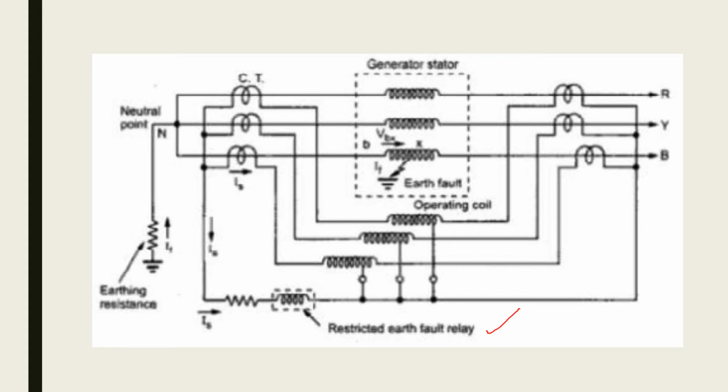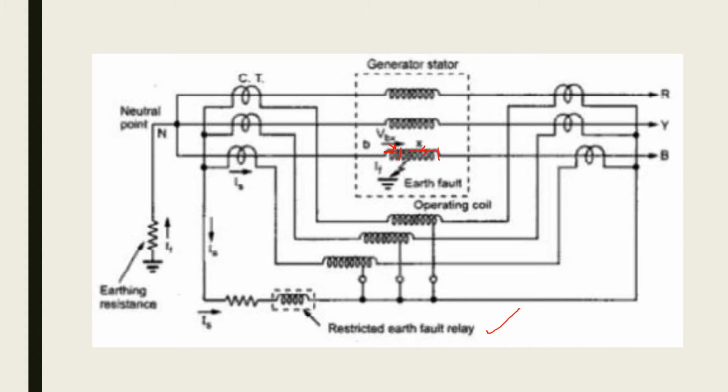But if this fault point is very near to your neutral point, suppose here at point Y, the VBY voltage is not sufficient to produce a fault current that can achieve the pickup value, and in that case this portion of the windings remains unprotected, whereas this portion of the windings gets protected in case of a fault occurring here.